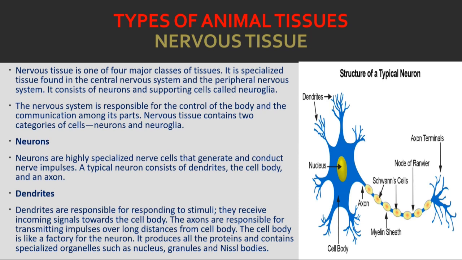So now let's discuss nervous tissue. We have discussed the workings of the nerves, their function, and this is controlled by two parts of our body.